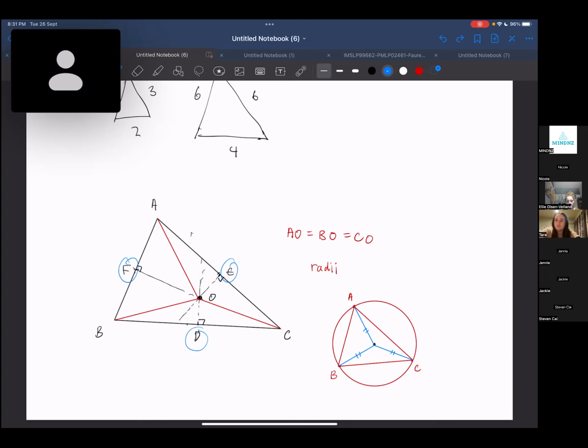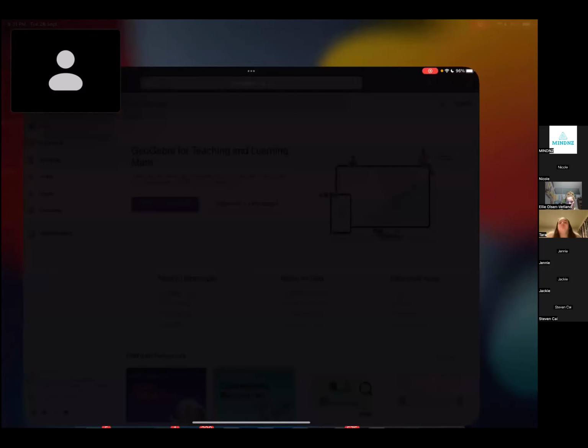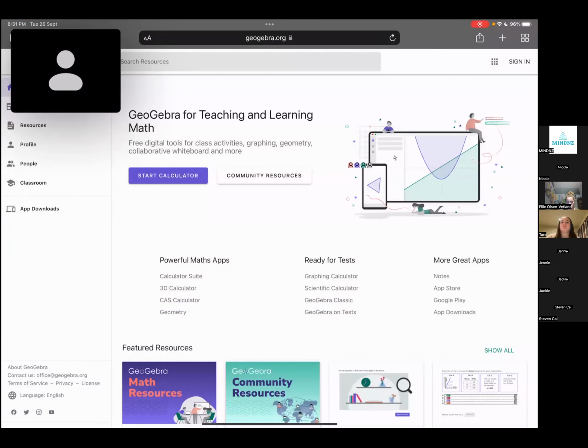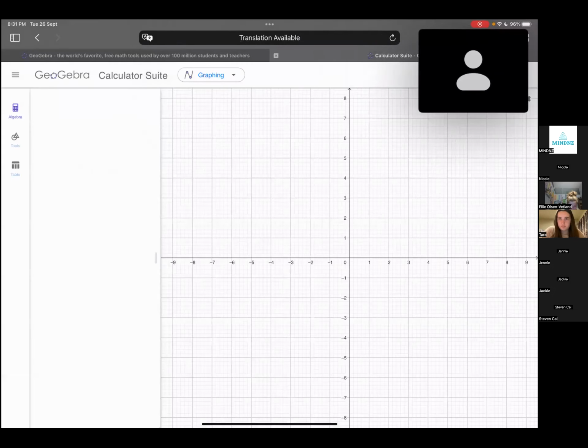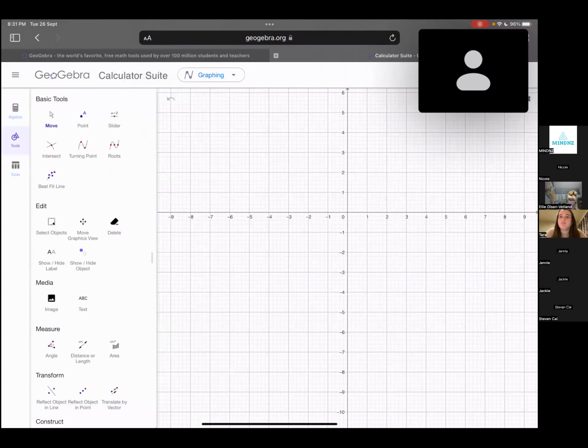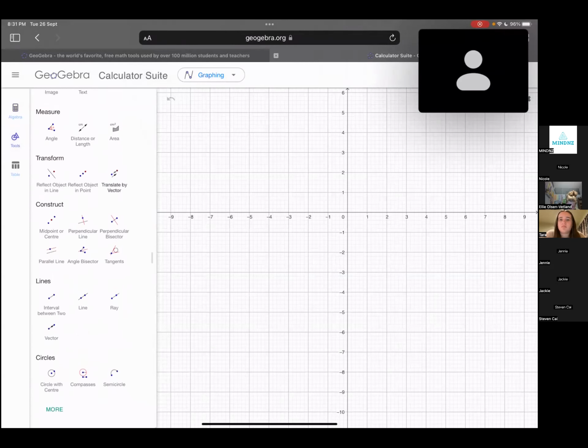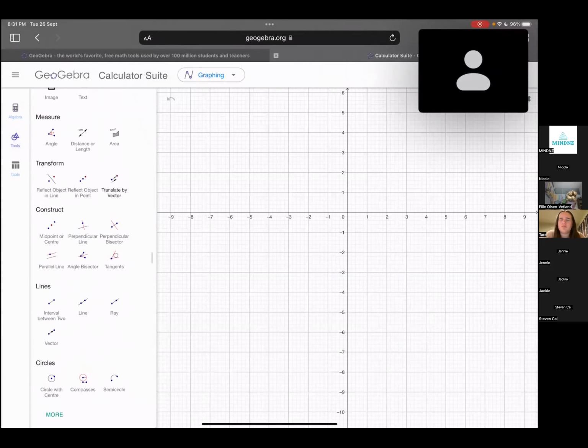This is actually true for every single possible triangle that you can possibly think of. And I'll show you guys why right now. One really cool platform that we can use is GeoGebra. And then we can see how for every single triangle that you can possibly draw, this will always be true.